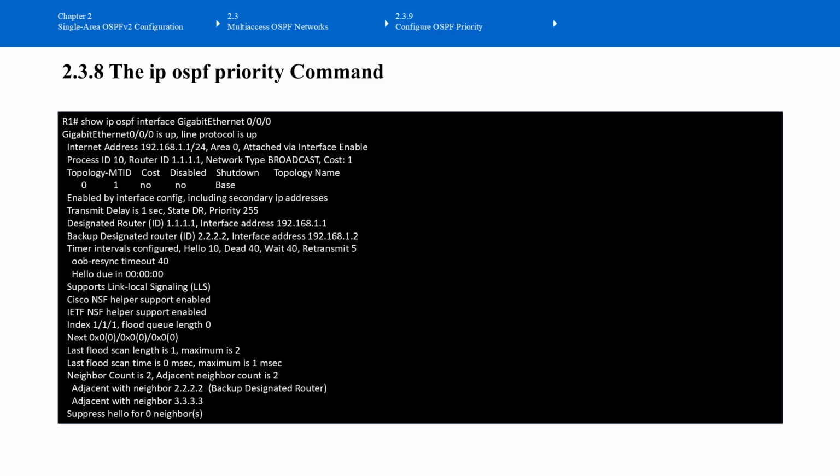This confirms the DR is R1. The backup designated router ID is 2.2.2.2. This confirms R2 is the BDR. At the bottom, neighbor count is 2. Adjacent neighbor count is 2.